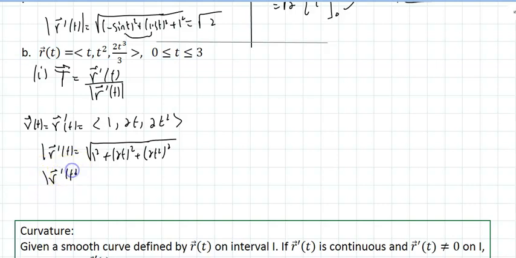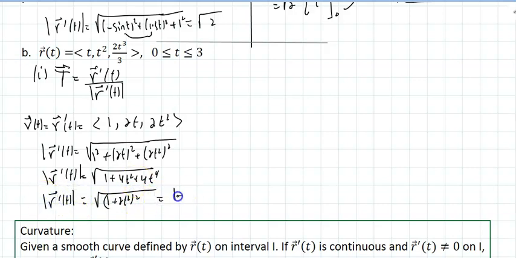Magnitude of R prime of t is going to equal the square root of 1 plus 4t squared plus 4t to the 4th. That's factors, luckily. So the magnitude of R prime of t is nothing more than 1 plus 2t squared.